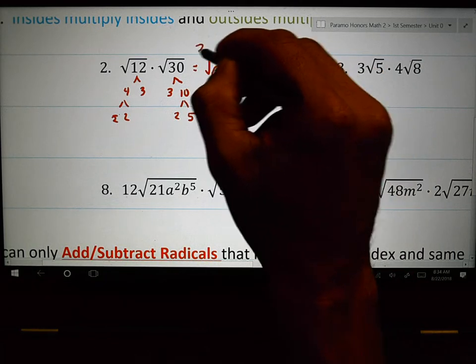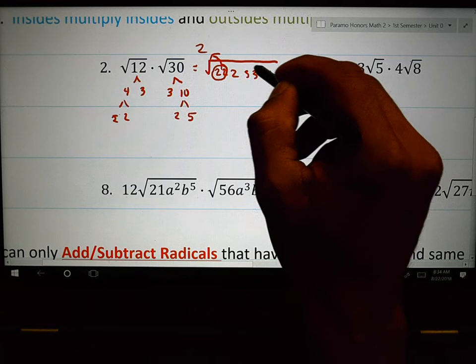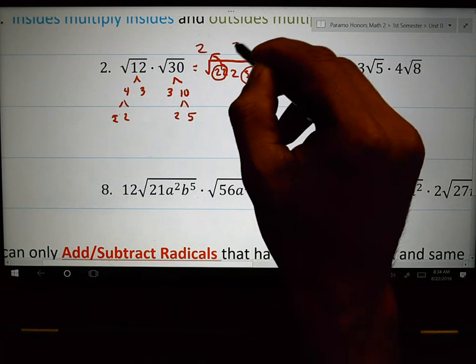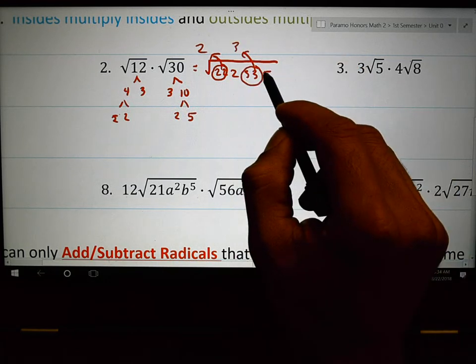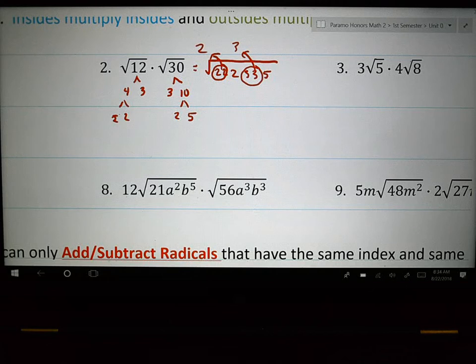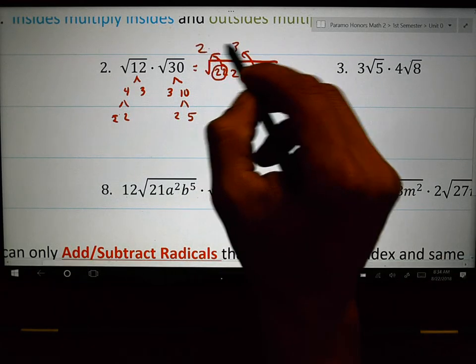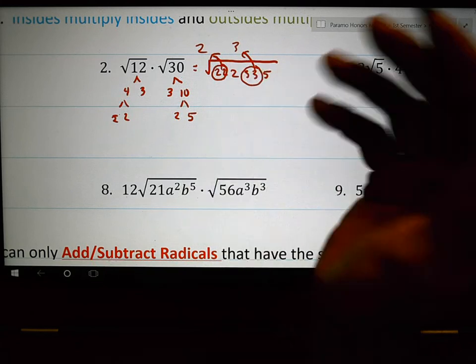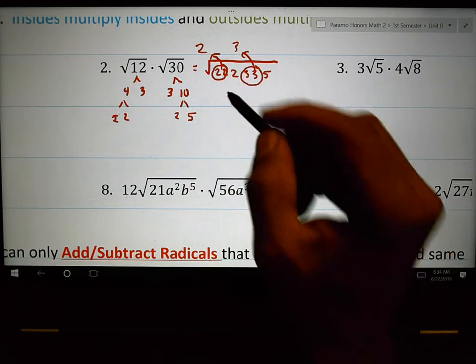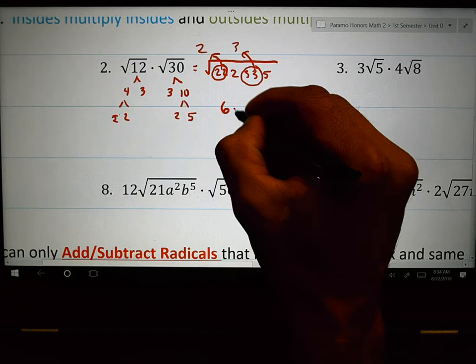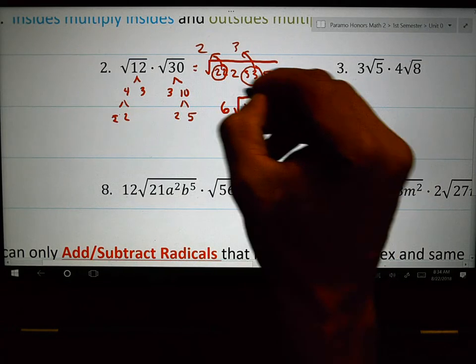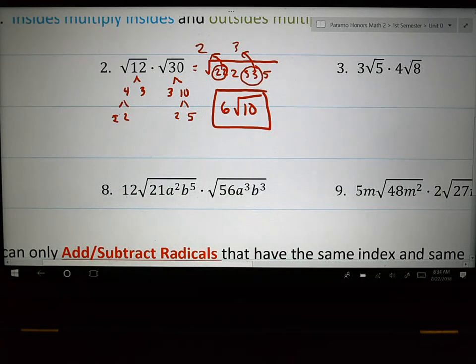A 2 can pop out. I see another pair of 3s. A 3 can pop out. The 2 and this 5 don't have a pair, so they have to stay inside. What do you do with things when they stay inside? You put them back together. You multiply them out. So on the outside I have this 2 and the 3. What do I do with those? You multiply. Outsides times outsides is 6. Root 10 is my final answer.